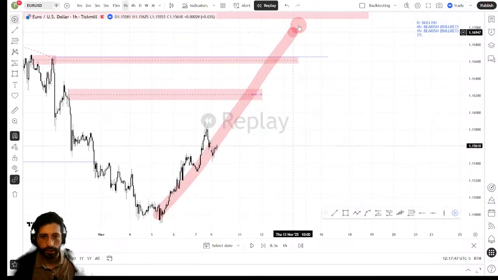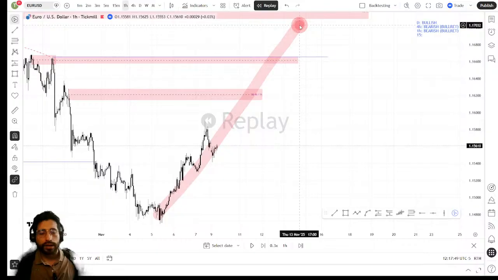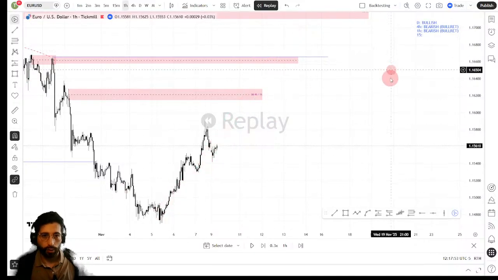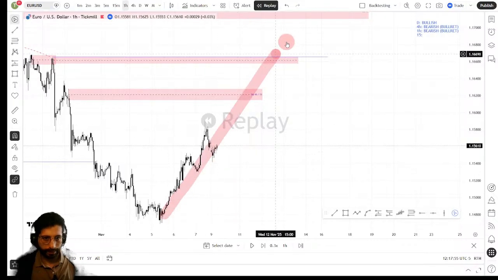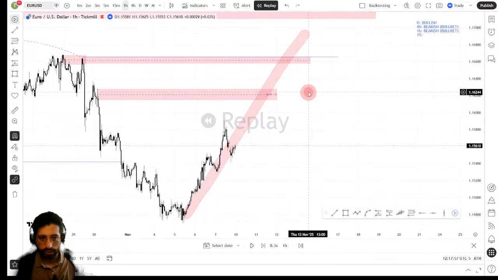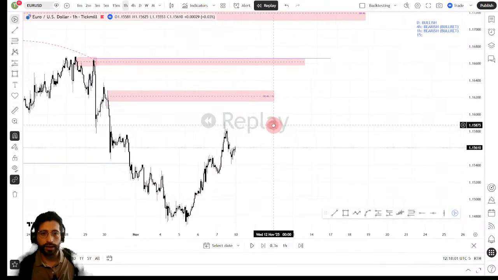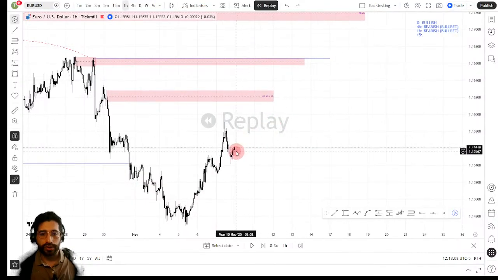Remember that all of this is a 4 hour retracement. But in lower time frames, as we get lower in time frame, it seems bullish, right? So that's why when we don't have the context in mind, we used to get very tricked by the market.